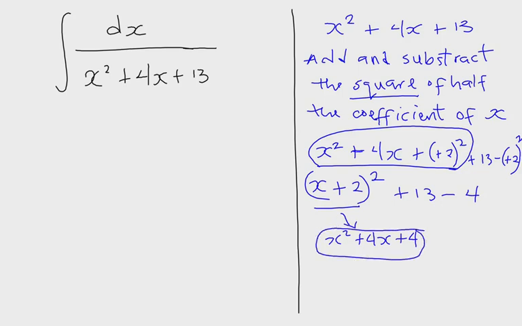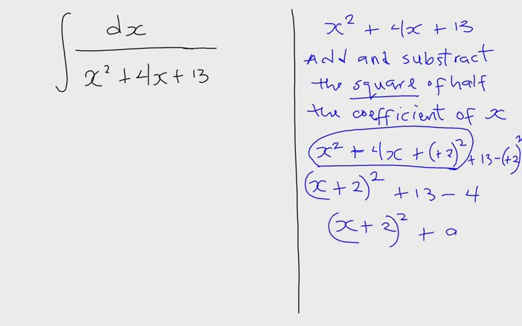So that is why they are written like that. So we have x plus 2 all squared plus 9, which gives x plus 2 squared plus 3 squared. So it is written as the sum of two squares.